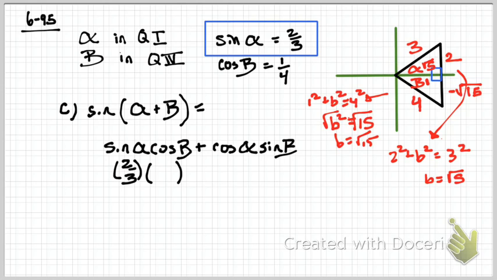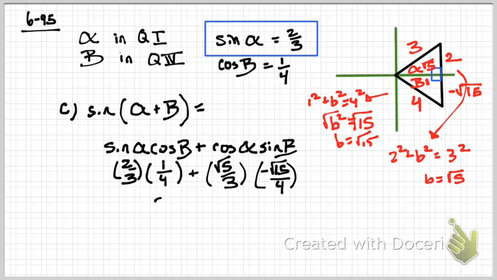Cosine beta, we know that is 1 over 4, plus cosine alpha. You're going to take your adjacent over your hypotenuse, which is rad 5 over 3, times sine of beta, which is negative rad 15 over 4.